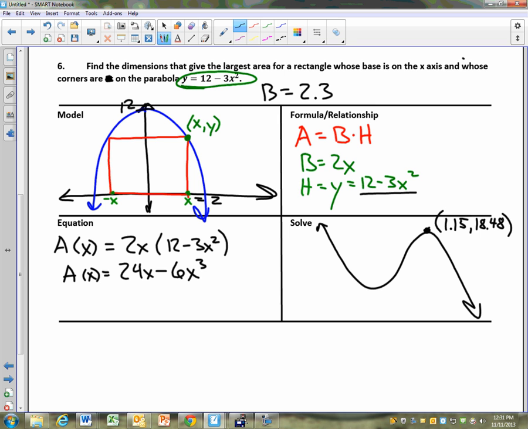If you want to get the y value, you have to take 1.15 and plug it in right here. The height is y equals 12 minus 3 times 1.15 squared.